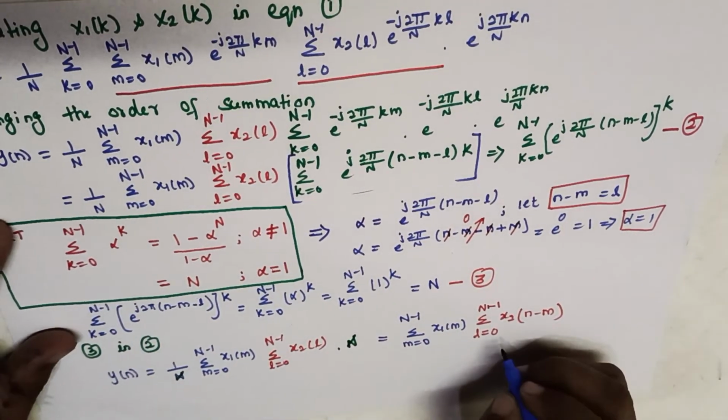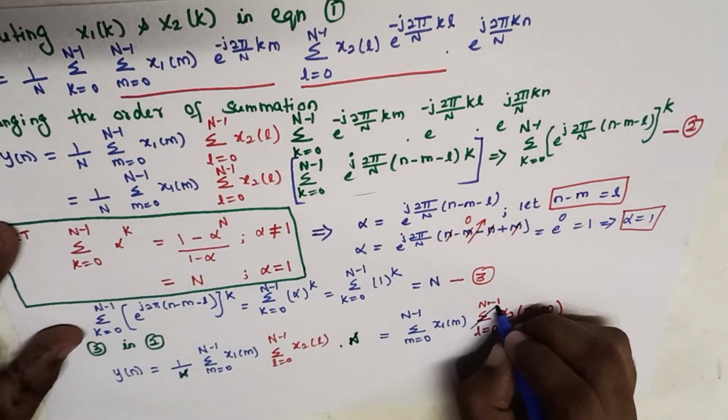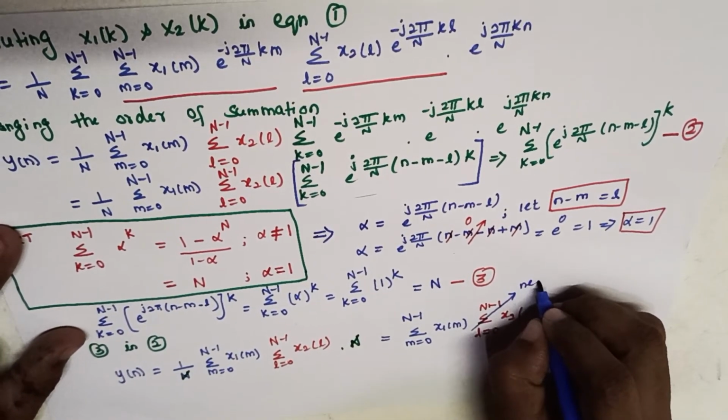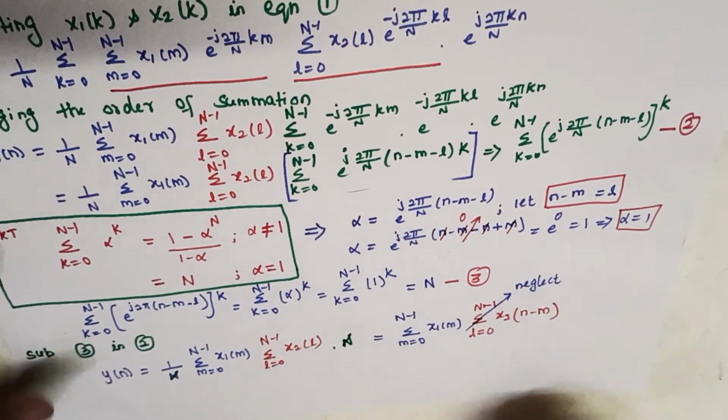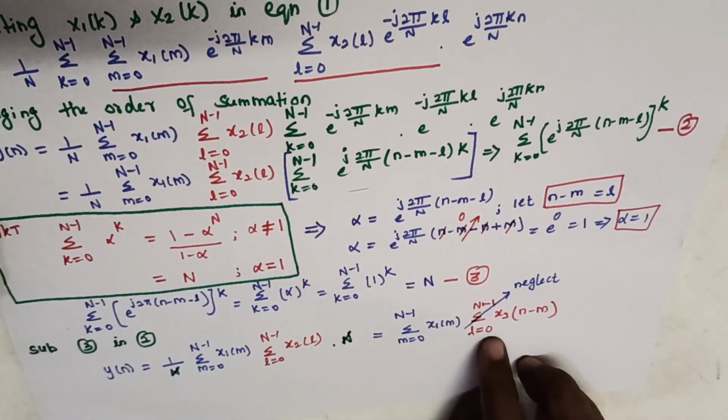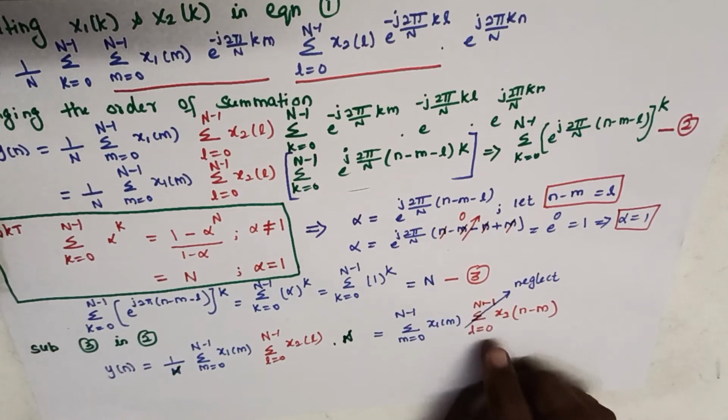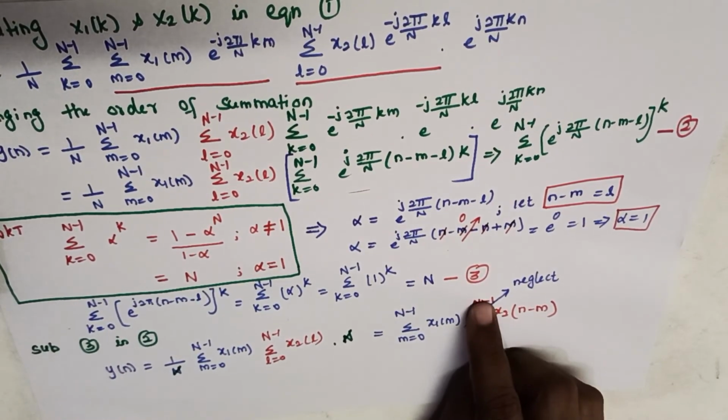Now if you look into this summation, we can actually neglect this. The reason is this summation exists from 0 to n minus 1, for L is equal to 0 to n minus 1.